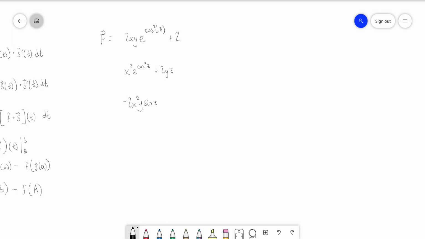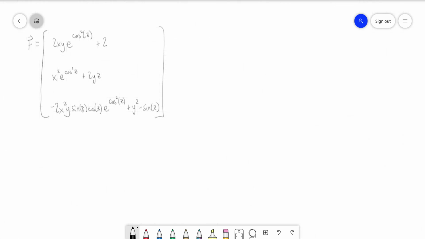Okay, but here it is. So I want to check if it is equal to the gradient of some scalar function little f. Okay?